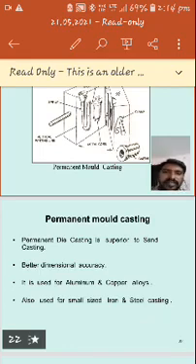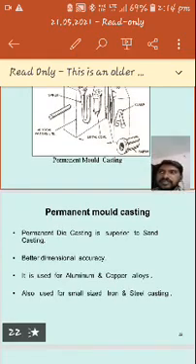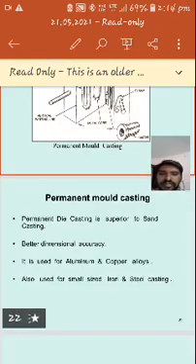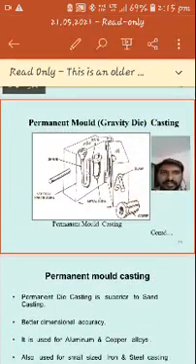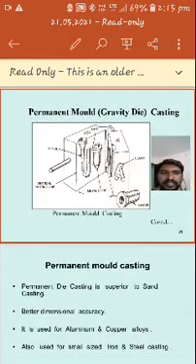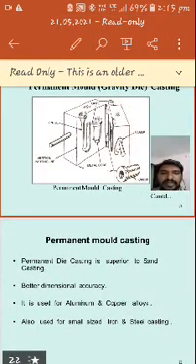It is also used for small sized iron and steel castings. That is about the permanent mold casting.